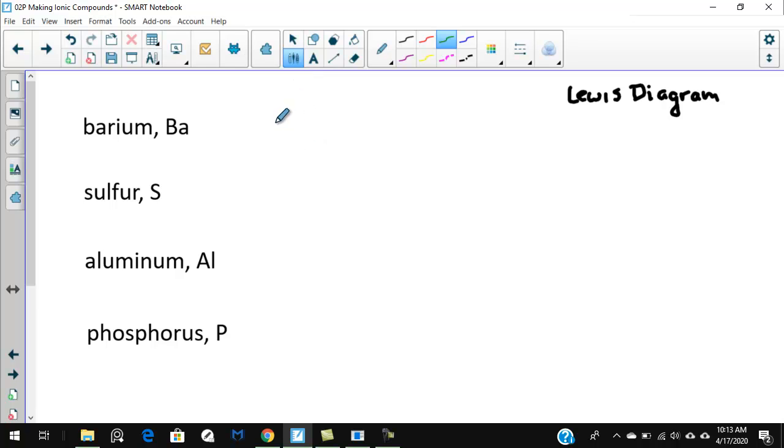And when we draw a Lewis diagram, we just put down the symbol, and instead of drawing all the other circles, we just draw a picture of what's in the last orbit. And so we take those 2 electrons, one here and one here, and that's what we draw. And those are the 2 electrons on the outside that are very important. The rest of the electrons don't do anything during a chemical change.